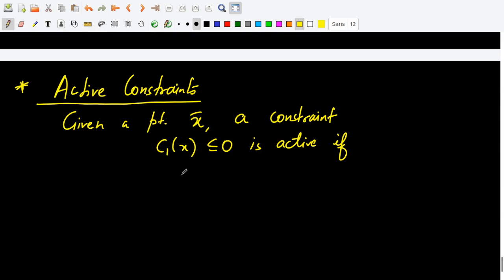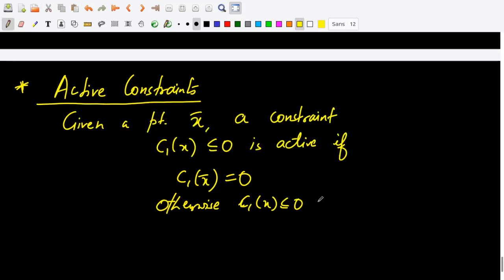Okay, so what that means is that C1 of x bar has to be 0. Otherwise it is inactive. Otherwise C1 of x less than or equal to 0 is inactive at x bar. So whenever C1 of x bar is less than 0, we say that the constraint is inactive.